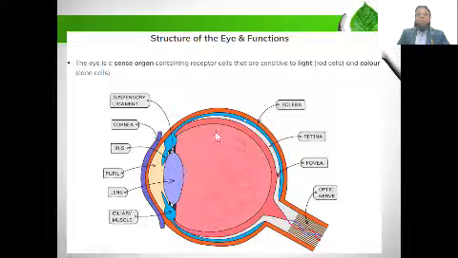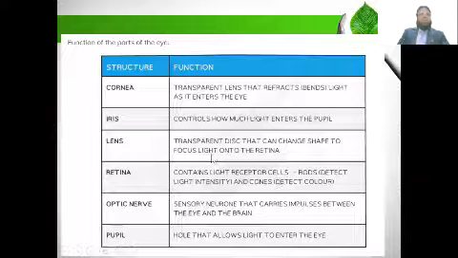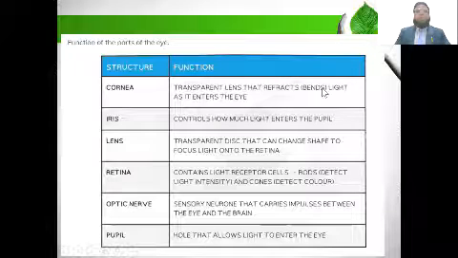You can see here the sclera, the outermost layer, the second layer, the choroid, and the innermost layer, the retina, where the receptors are found. As you can see here, the cornea is a transparent layer that refracts or bends the light as it enters the eye.